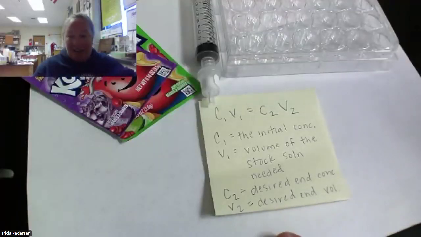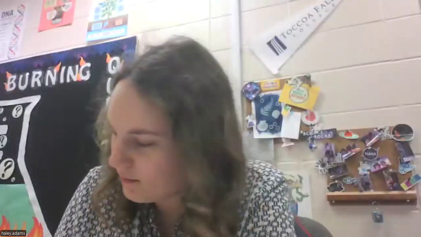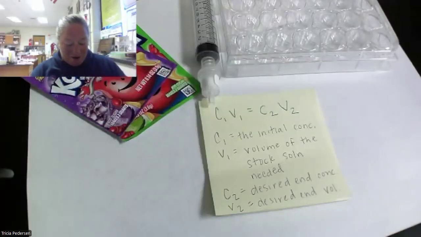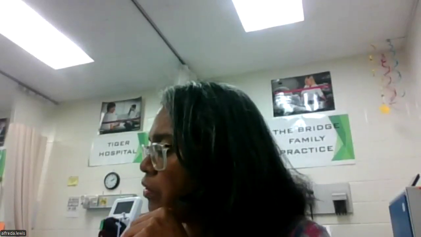Anything else we can fill in on our equation? Do we have the desired end volume? We have our V2 as well. So what is our V2? 500 milliliters. Sorry, I'm used to calling it millis to my kids. No, that's cute. Can we do anything with the C1 or the V1? Your concentration one, right?